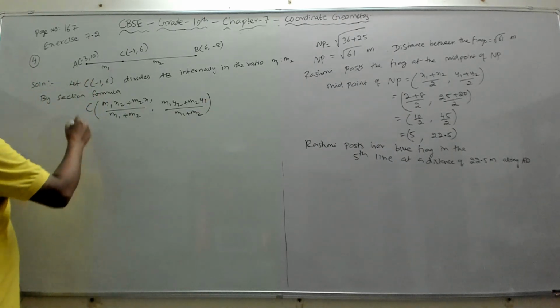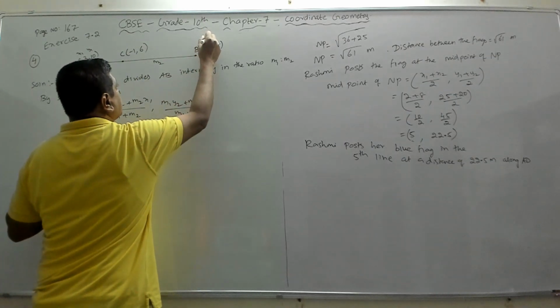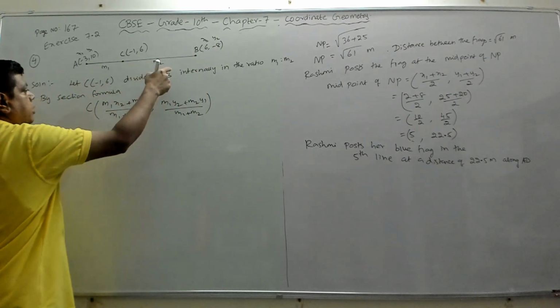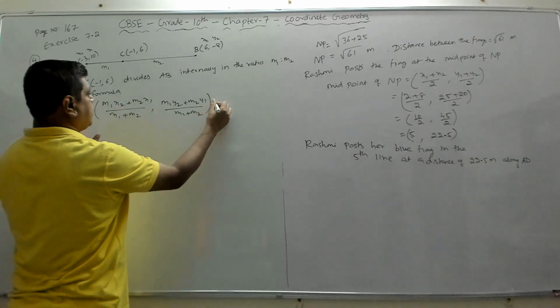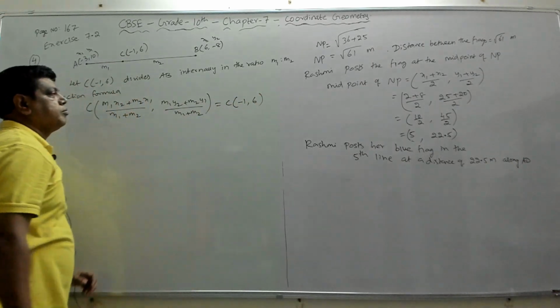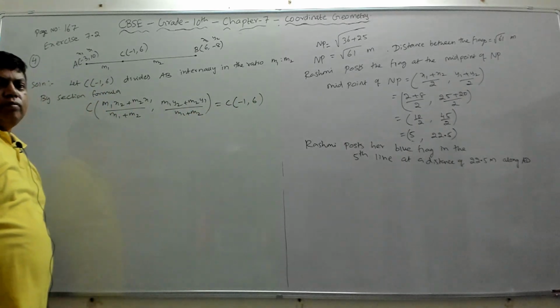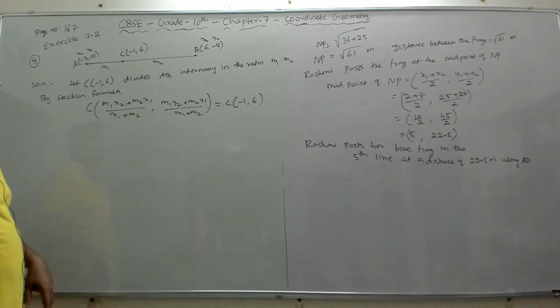Now this is your x1, y1, this is your x2, y2, and we don't know m1 and m2, but this point C is the same as the given point C of -1, 6. The section formula is going to give you this point. We need to find the ratio.